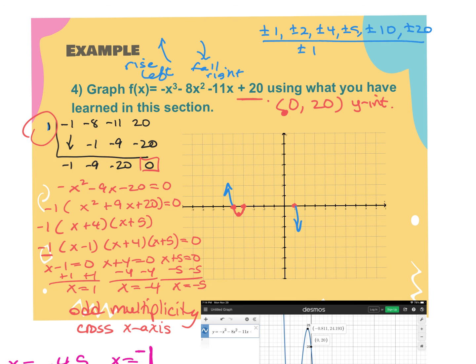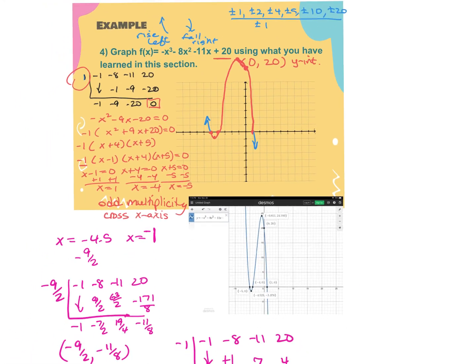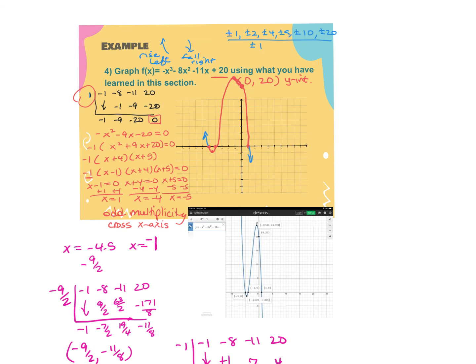So it'll be up here somewhere. So -1, 24. So it's going to come up here, then it's going to come down, and then it'll come down to the other 0. And there's your graph. And again, we saw that on the Desmos down here. And notice my graph looks very similar.